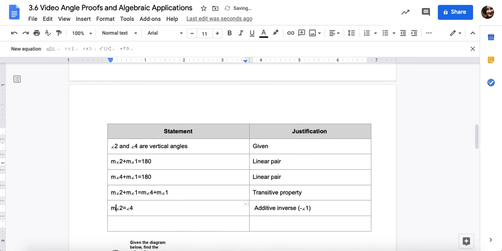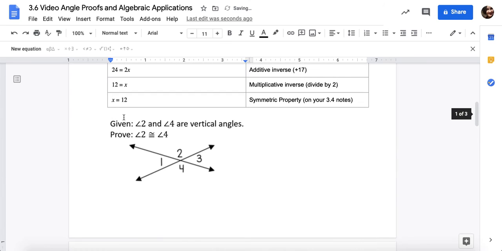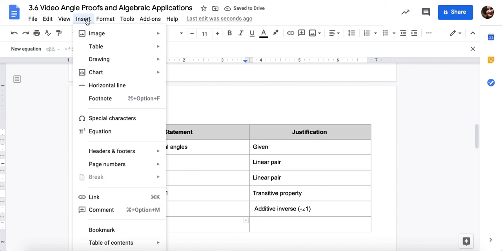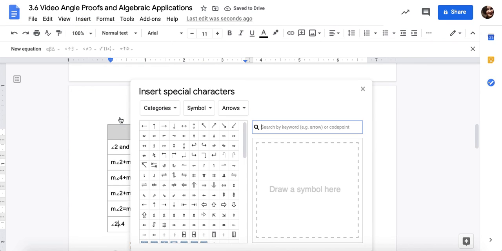Okay. Now the goal was to show that they were congruent, not that they were just equal. But that's okay because we have our congruence theorem for angles, which says that if 2 angles are congruent, then they're equal, or if 2 angles are equal, then they're congruent.